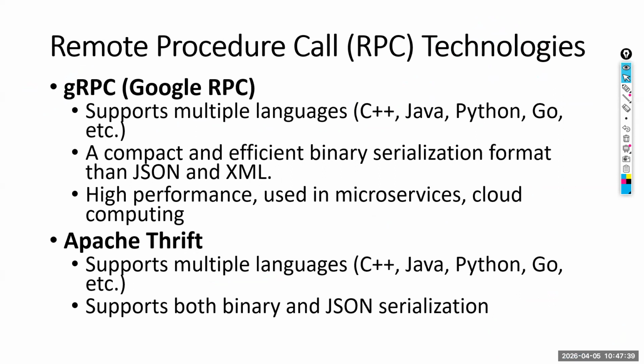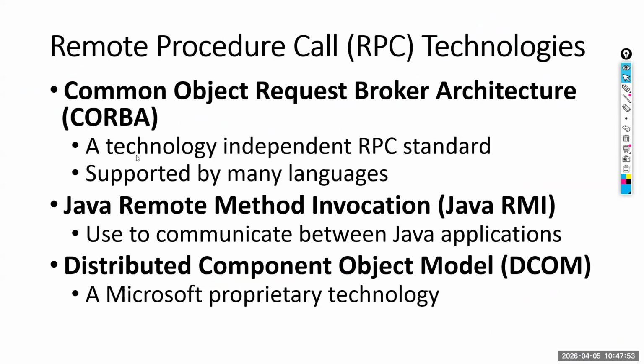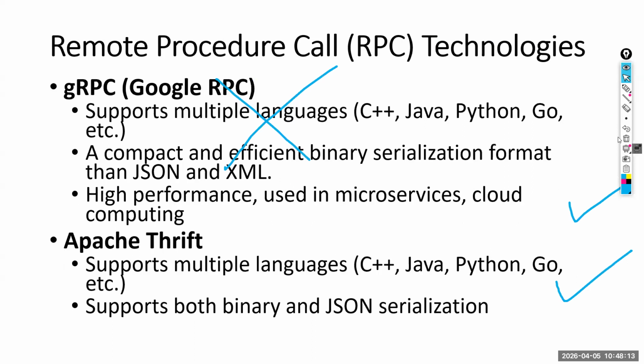Then there are some more technologies, like gRPC generated by Google and Apache Thrift. Those are again common technologies. Remember, CORBA was a little bit older technology, so no one is very interested in CORBA right now. Java RMI and DCOM are good, but within the same technology. The modern alternatives, if you are looking for cross-technology platforms, are gRPC, the Google Remote Procedure Call, and Apache Thrift.